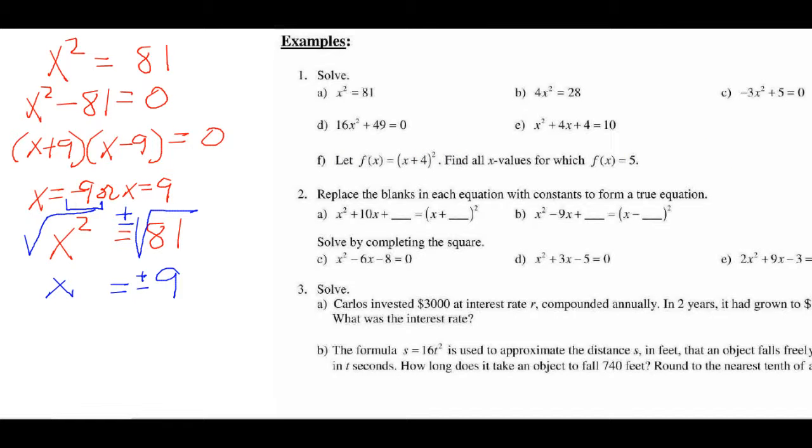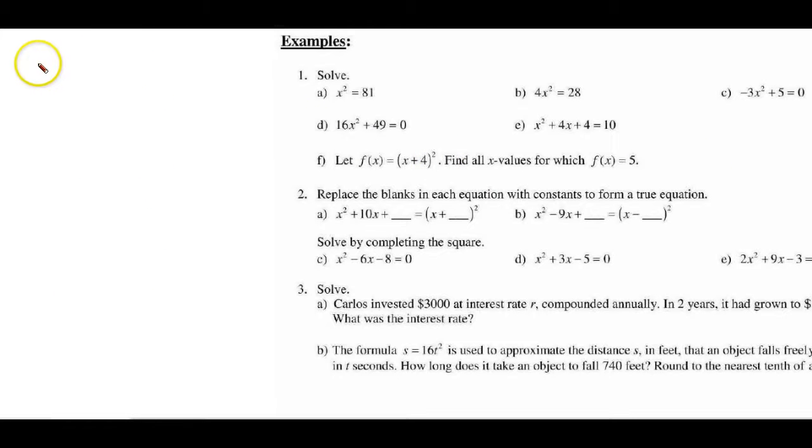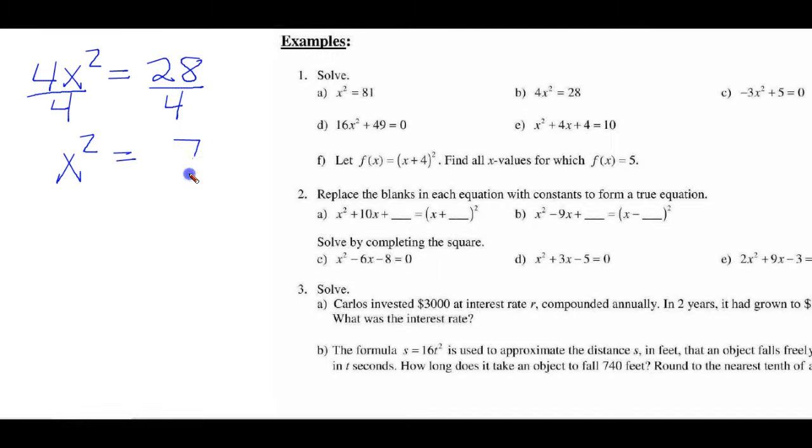Okay, so let's follow that and do our next one. 4x squared equals 28. Now, to start solving this, we have to isolate the x squared. So we divide both sides by 4. We then get x squared equals 7.